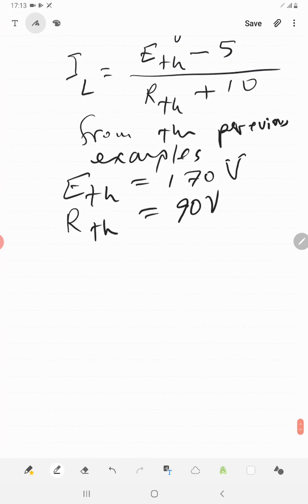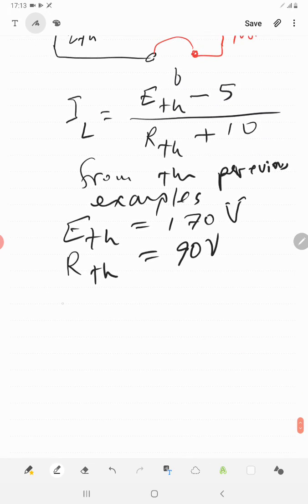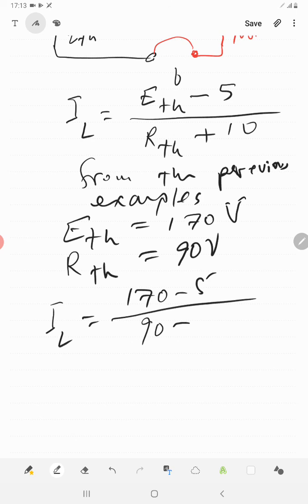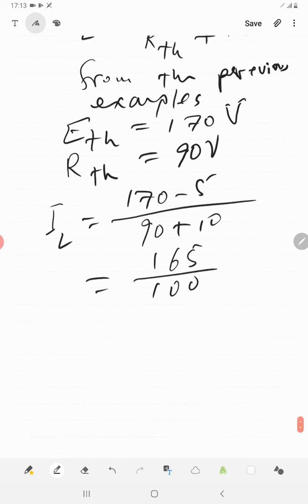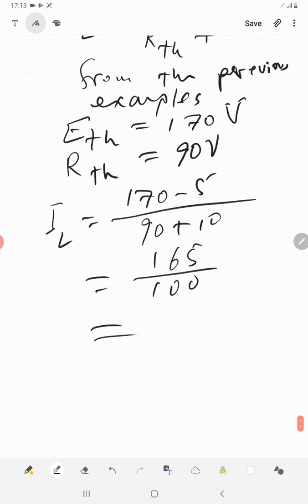So we can calculate I load is equal to 170 minus 5 divided by 90 plus 10. So it will be 165 divided by 100. So we will get what? 1.65 amps. Okay.